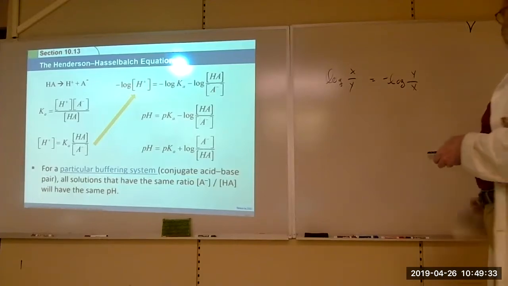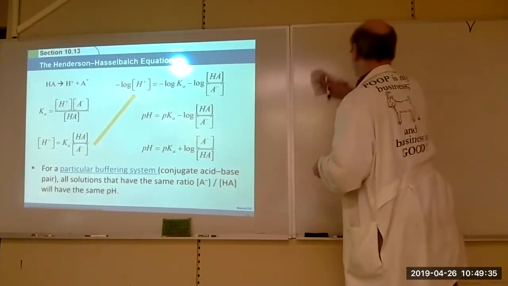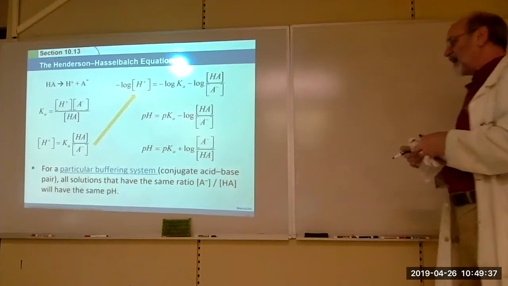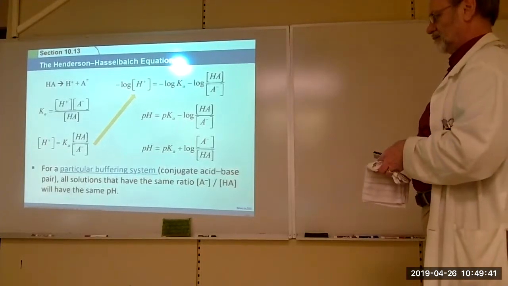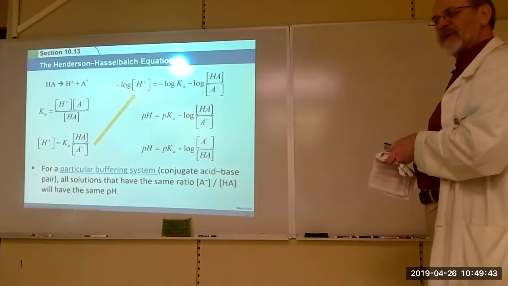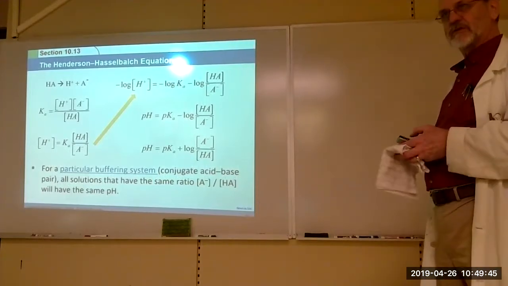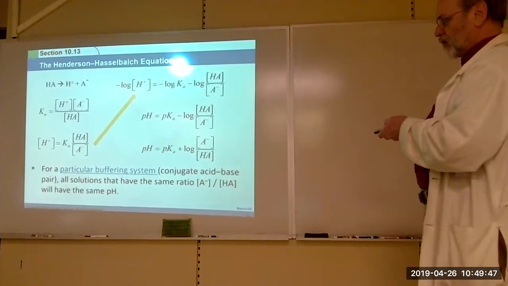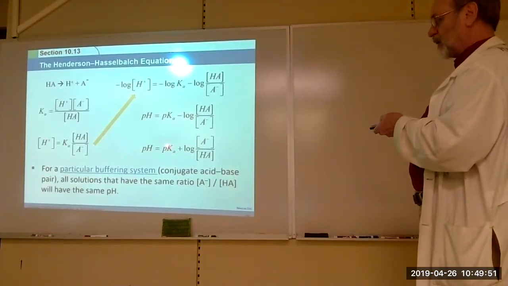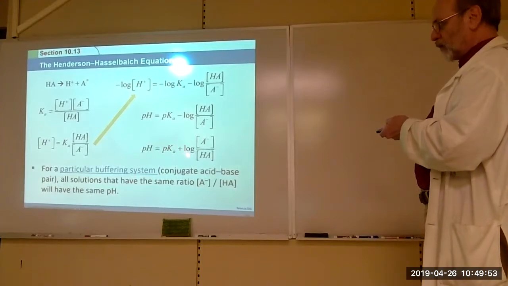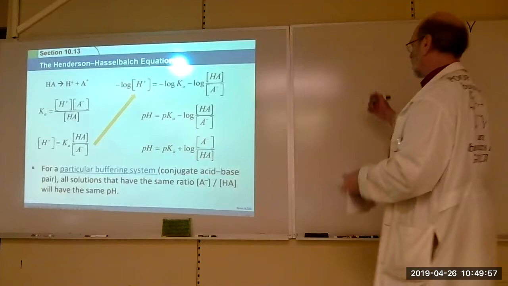Okay? So what's the ideal? What's the pH of your solution? The ideal is where this one equals that one. And how do we get that? Well, we get rid of this term. So how do we get rid of that term?